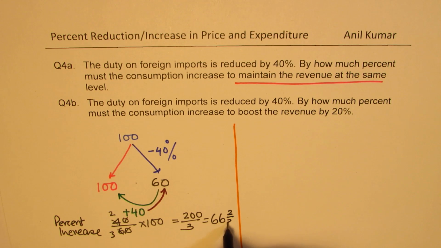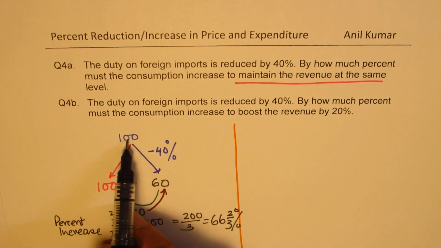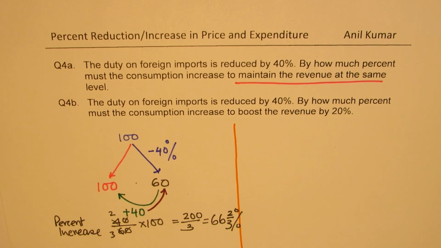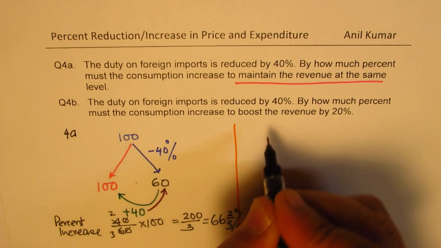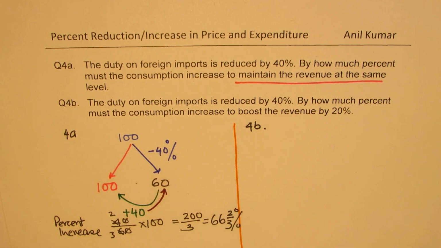So 66 2 over 3%. Does make sense. Straight away percent, since we started with 100. Do you see that? So starting with 100 is a great advantage. So that is how we will do part 4A. So simple. So I hope by now the concept is absolutely clear.